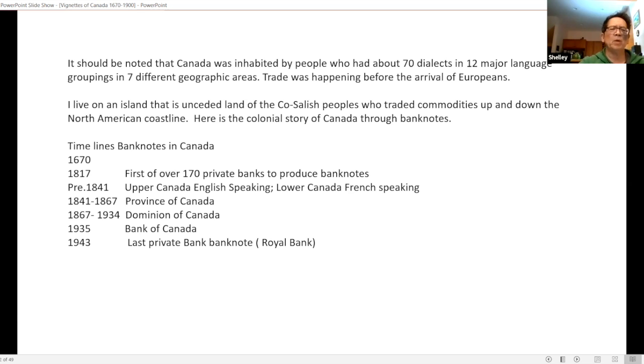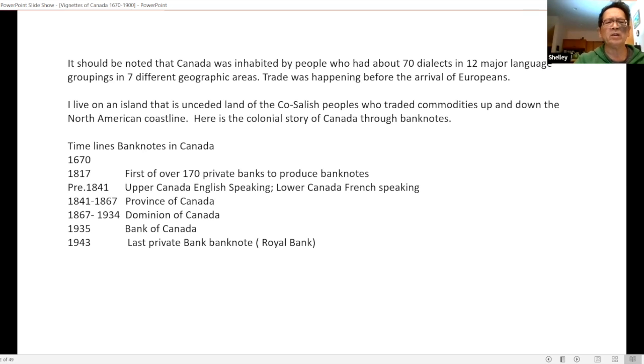To give you some timelines here, in 1670 banknotes were traded in Canada with Europeans. In 1817, there was the first banknote that we'll look at. And there were over 170 different private banks producing banknotes.